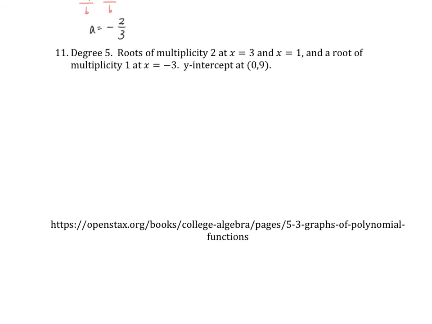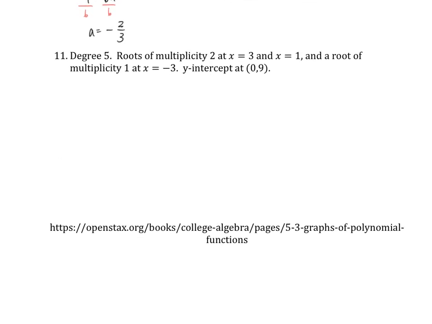Number 11. So this is the last one. We're going to have y equals a times, all right, roots of multiplicity 2 at x equals 3. So x equals 3, the factor is going to be x minus 3. And remember, the multiplicity is the exponent.